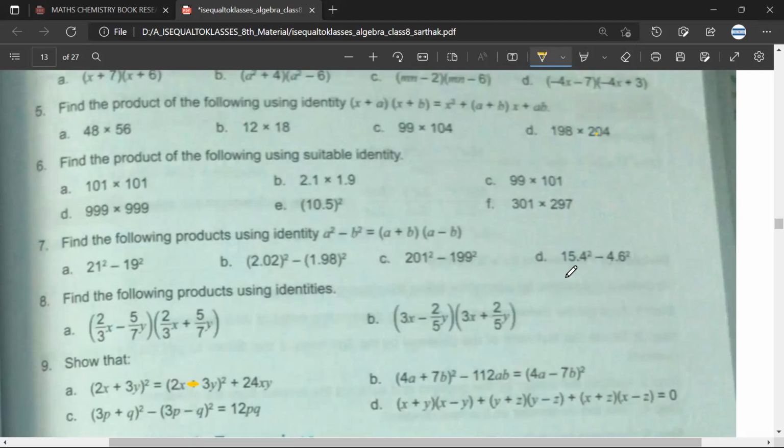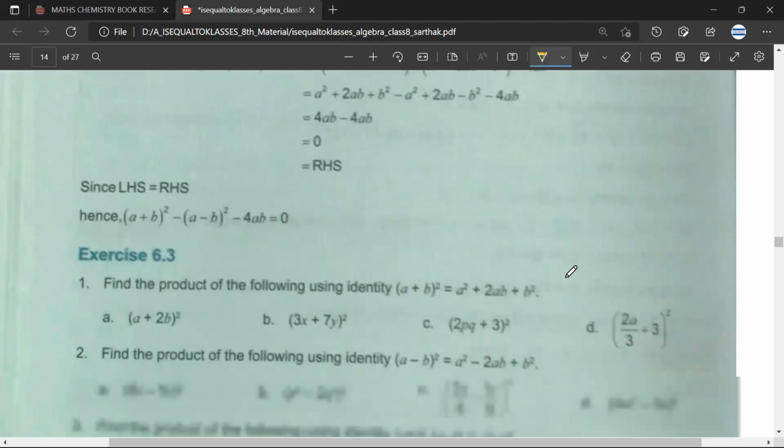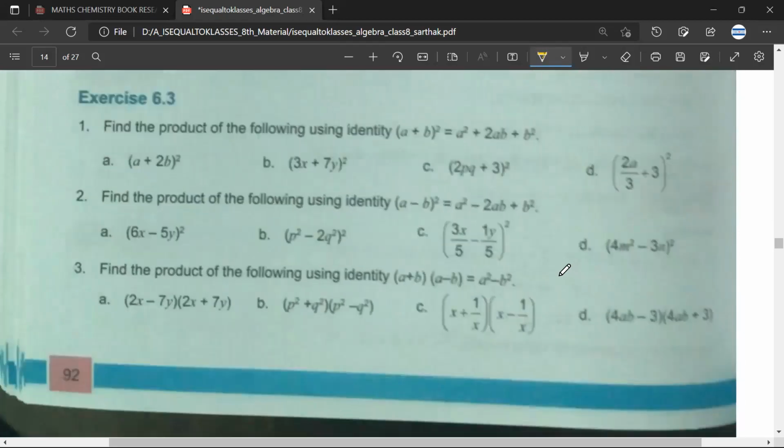Would you be able to do this exercise now? Yes. So you can start doing the questions. Exercise A and B you can do. A and B you can do. A and D you can do.